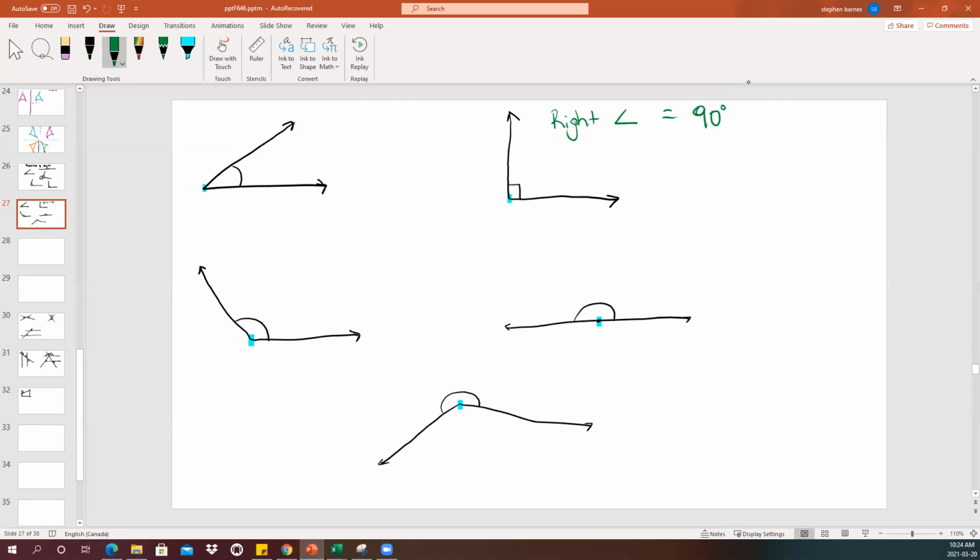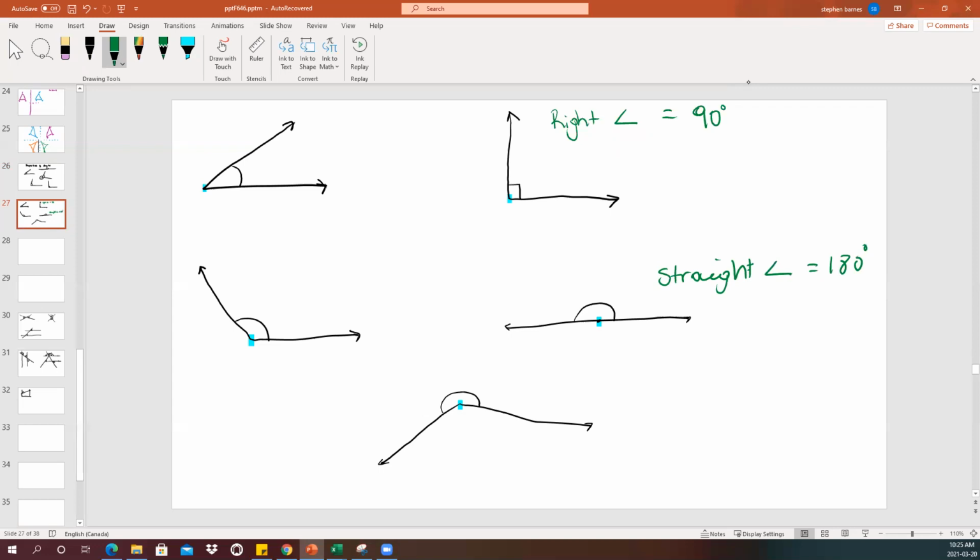The other one that should be fairly familiar is this one right here that is a straight angle. And again, a straight angle, one of the easier ones, measures just 180 degrees, all right?